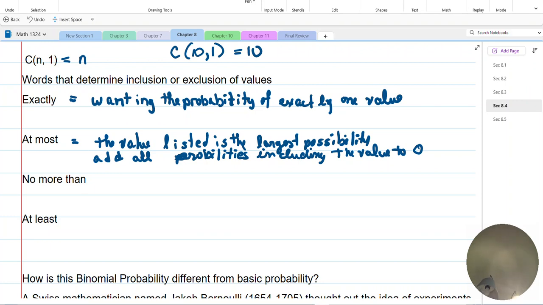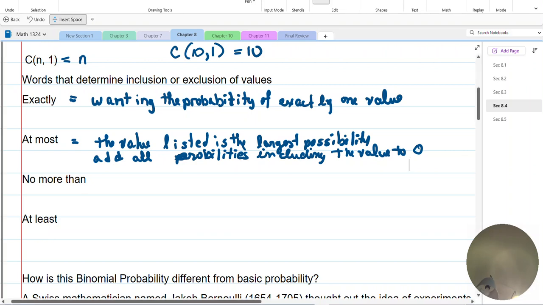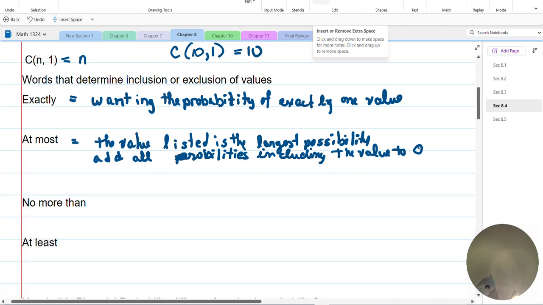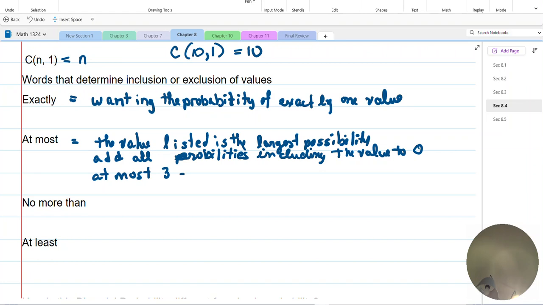Sorry about that. Let's do an example: at most 3. What at most means is that we're going to add, combine, the cumulative probability of 3 plus the probability of 2 plus the probability of 1 plus the probability of 0. At most means you can have none, 1, 2, or 3.